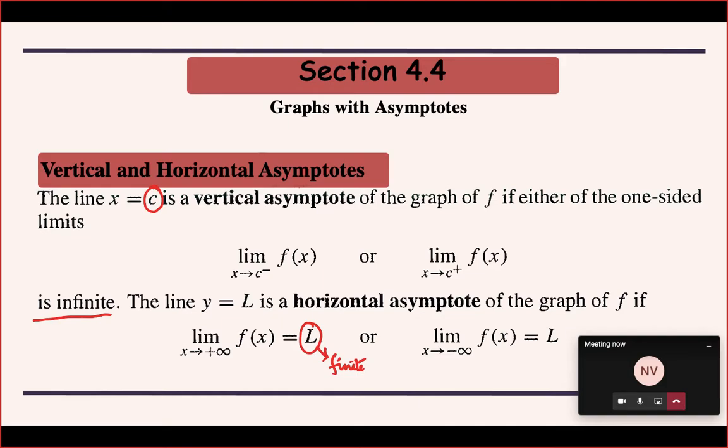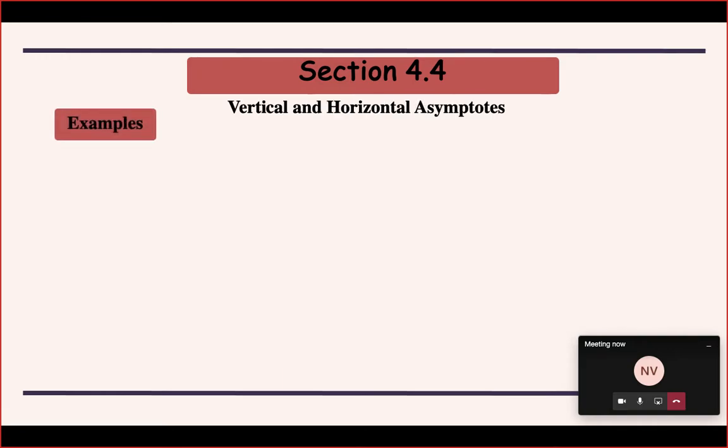If for any c none of these limits are infinite, or if these limits are not finite, then you will say that either of the two types of asymptotes does not exist. So it's not that every f should have both vertical and horizontal asymptotes. They may or may not exist depending on the values of these limits. Okay, so is this part fine? Okay, I'll move ahead then.